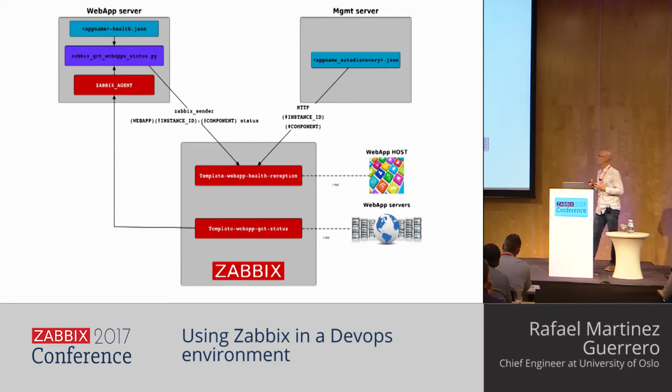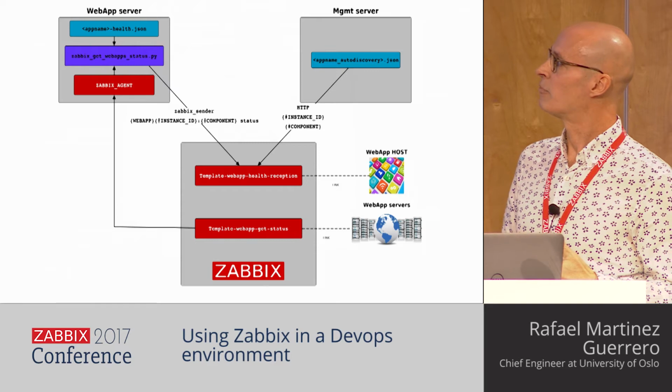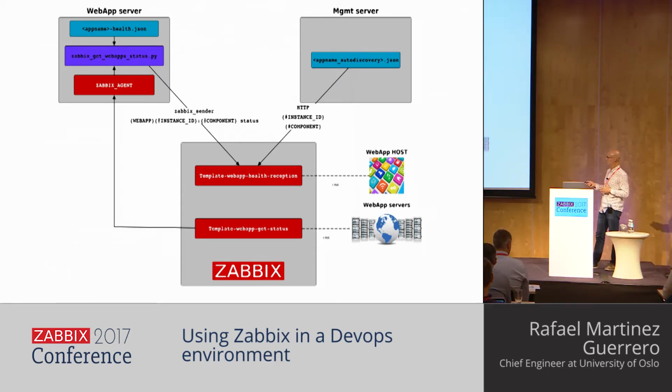And that Zabbix sender has information of the web application and the instance and the component and the status of that component. And it will send the data to the server and to the right application host. So every host can get data from multiple servers without knowing where the application is running.